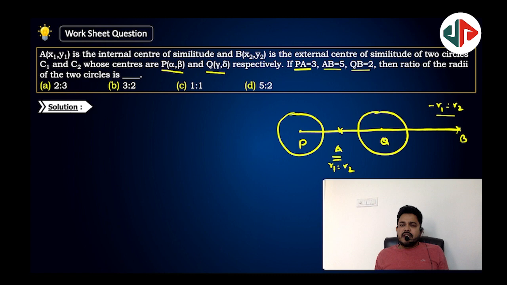So instead of saying R1 is to R2 externally, we'll say minus R1 is to R2.